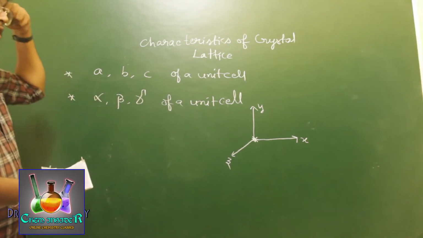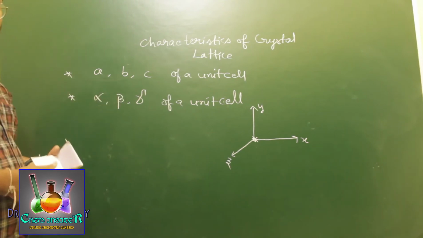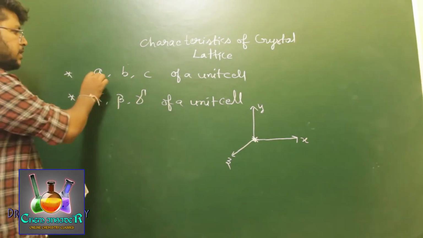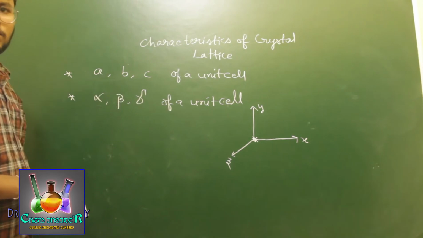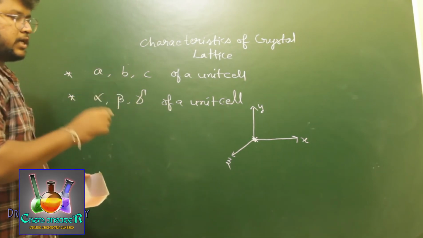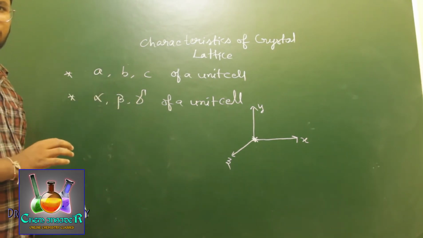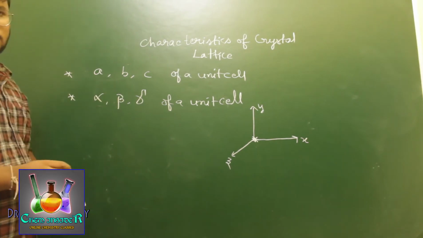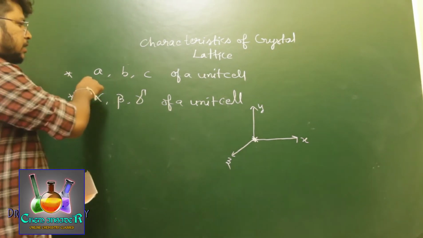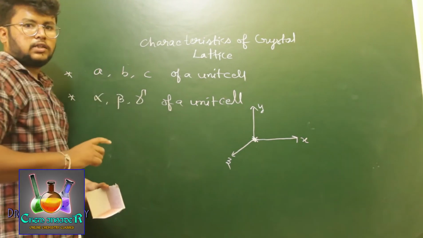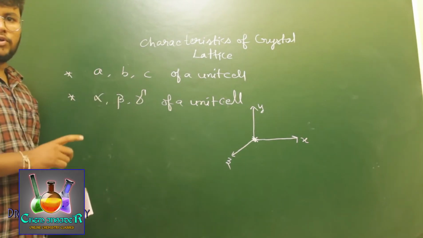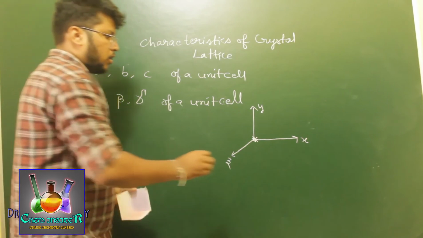Now if you consider x, y, z as the 3 coordinates, then A, B, C are the edge lengths along the x, y and z axes respectively. However you take the x, y, z axes, it doesn't matter, but A, B and C are the 3 edge lengths of a unit cell aligned along the axes.